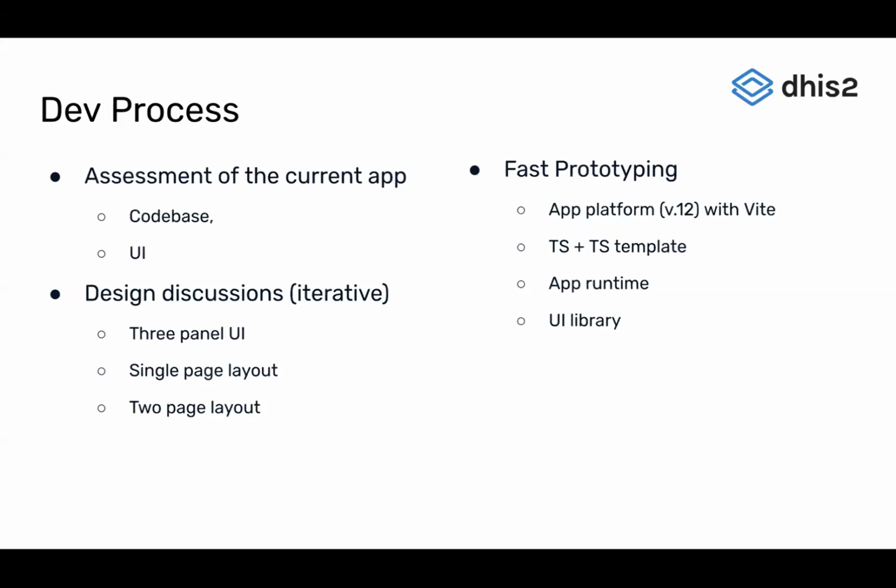So what went into the development and design process? It was a collaboration between the design and development teams. And one of the first things we considered was what the current application is like in terms of the code base and the UI.